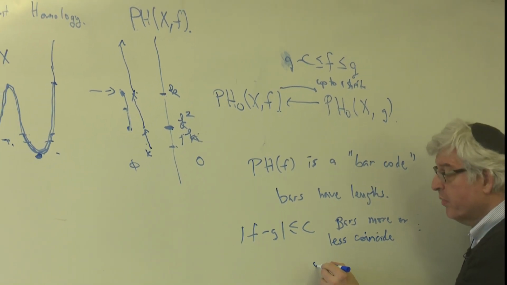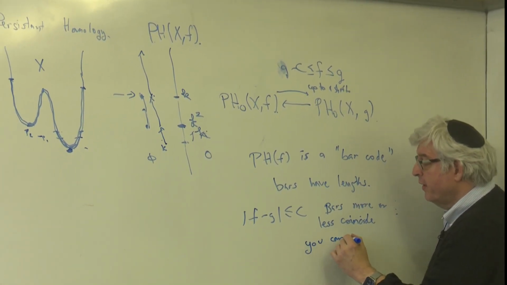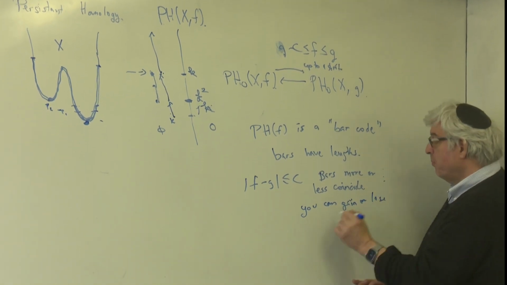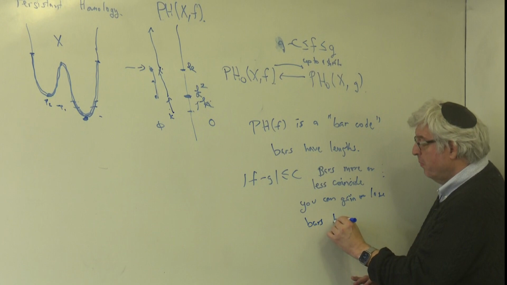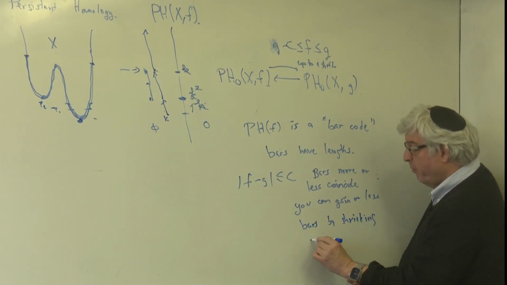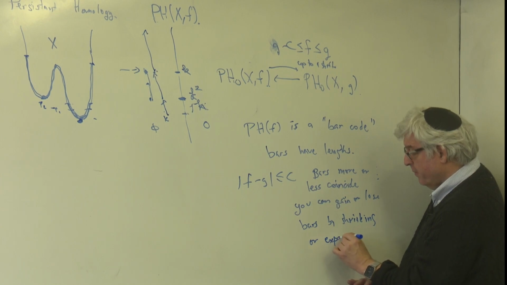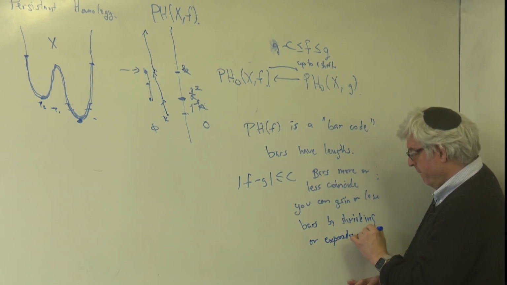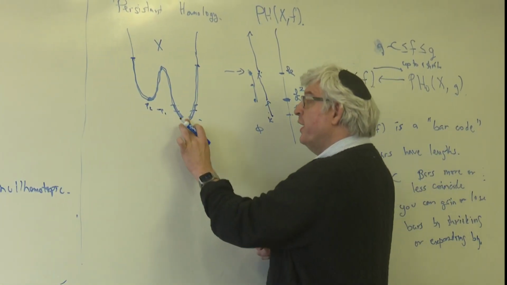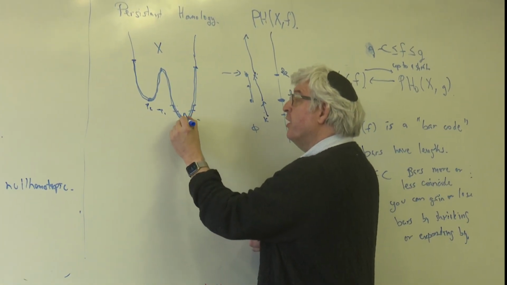You can gain or lose bars by shrinking or expanding by C. So if I take this example, and just over here I'm going to make a new function. I put in a little bump.